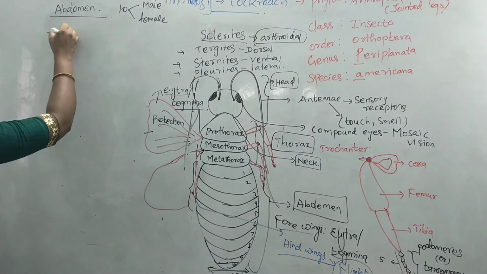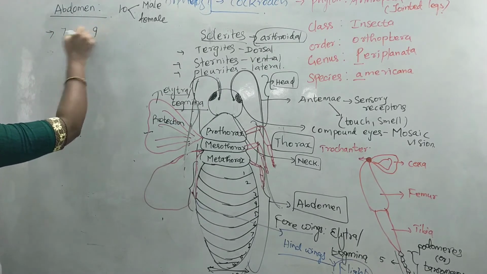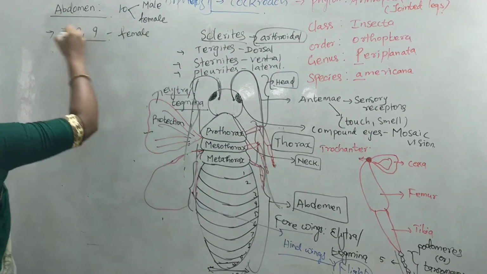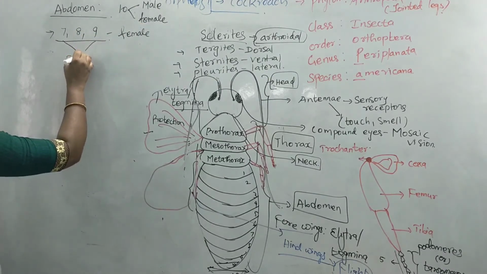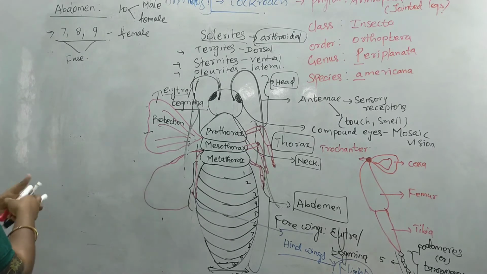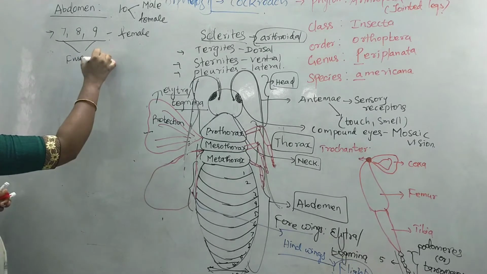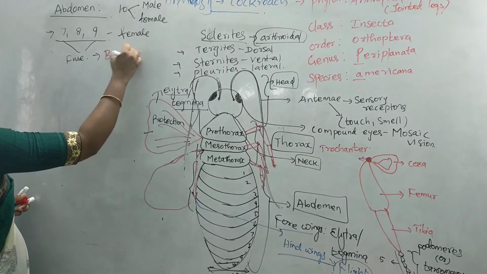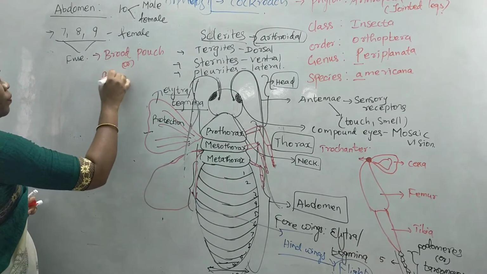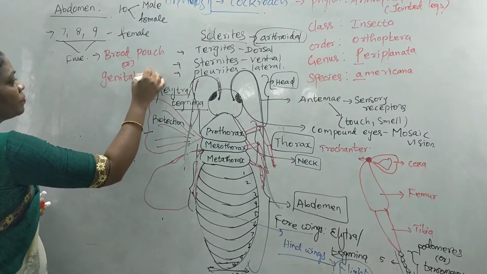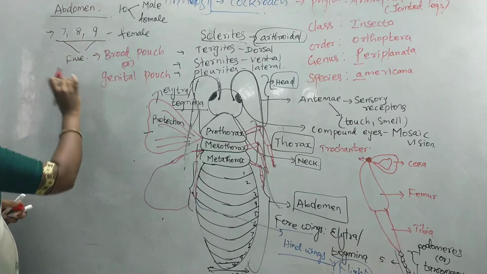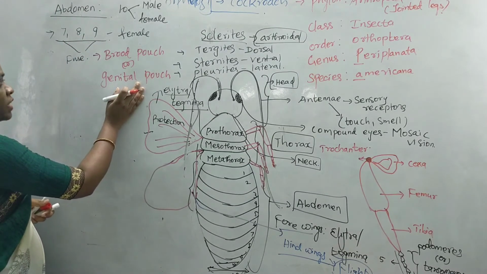The structures from the 7th, 8th and 9th segments, in female cockroaches, fuse and form a common structure known as the brood pouch or genital pouch.